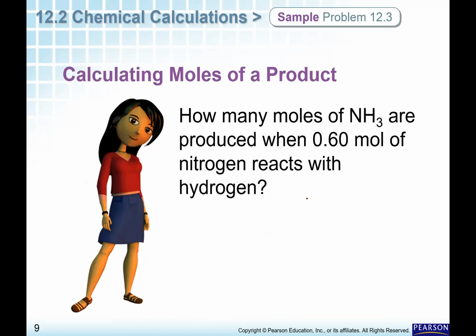Forget about G and W for now. How many moles of ammonia are produced when 0.6 moles of nitrogen reacts with hydrogen? Let me just put you on hold for one second.